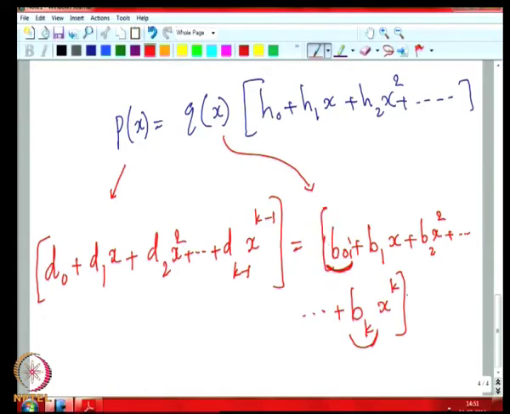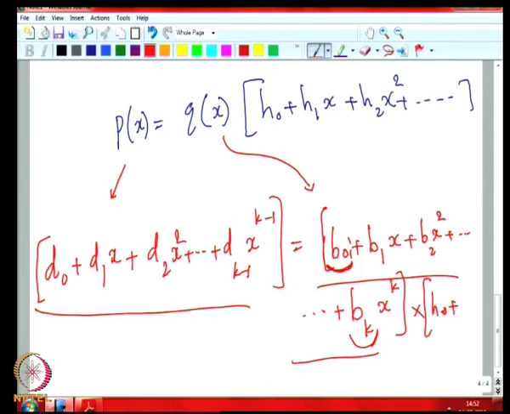Now, this is the equation. This is p of x, this is q of x, into h0 plus h1 x plus h2 x square plus h3 x cube and so on. Now what we do is we compare the like terms. First we compare the constant terms.